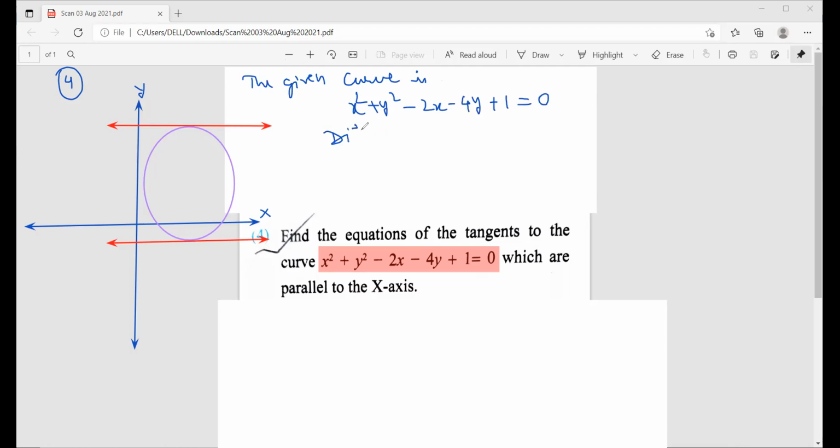I will differentiate this with respect to x. So when I differentiate, I get d by dx of the left-hand side and d by dx of the RHS. So 2x, d by dx of y square is 2y dy by dx, minus 2 into d by dx of x, which is 1, minus 4 dy by dx, plus the derivative of 1, which is 0, equal to 0.